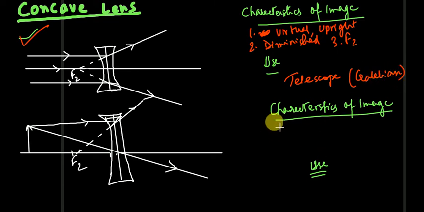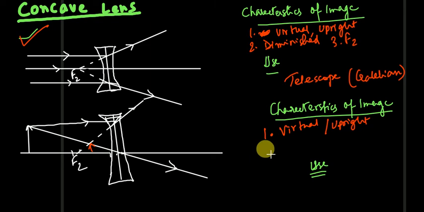Okay, now characteristics of other images. In this one, the object is at any place other than infinity, between infinity and the optical center. Here the characteristics of the image will be virtual again, because you have to track back to get the image. So here this is the image, virtual, upright.